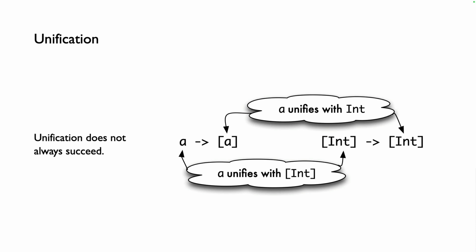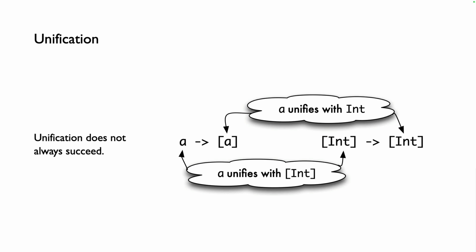Now, it's not always the case that you can unify one type with another. Suppose we have a type A goes to list of A, and we try to unify that with list of int goes to list of int. If we look at the argument type, we need A to unify with list of int. If we look at the result type, we need A to unify with int.